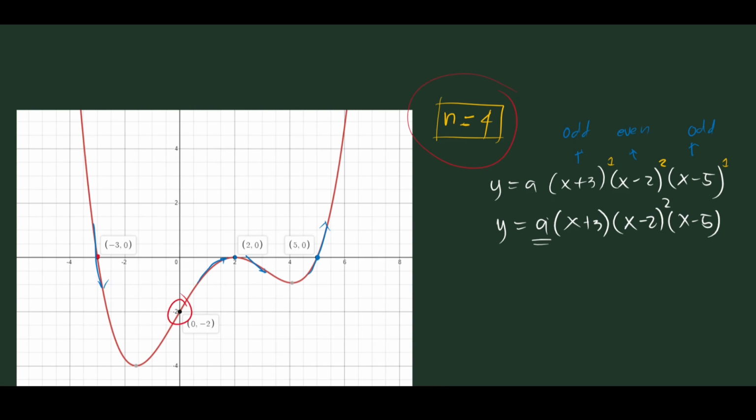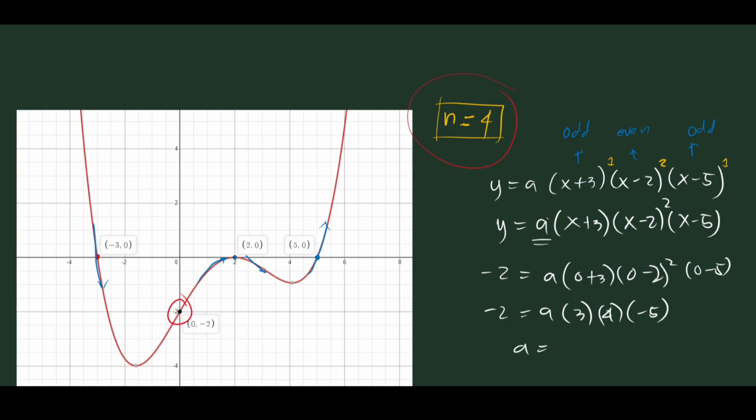So negative 2 is equal to a times (0 + 3), (0 - 2) squared, and then (0 - 5). So negative 2 is equal to a times 3, times negative 2 squared, which is 4, and then negative 5. So we have negative 2 equals negative 60a, so a will then be positive 1 over 30.